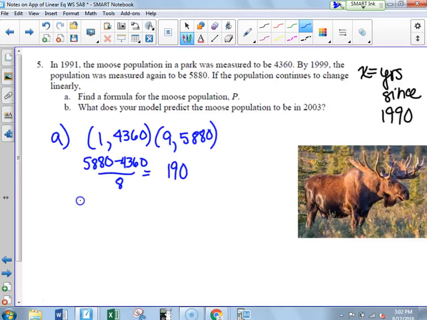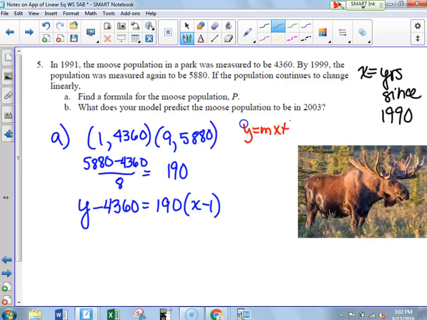Okay. You can use either point in point slope. Did anybody want me to show the other method once? Yes? If I use the y equals mx plus b, I would just put the 4360 equals 190 times 1 plus b.